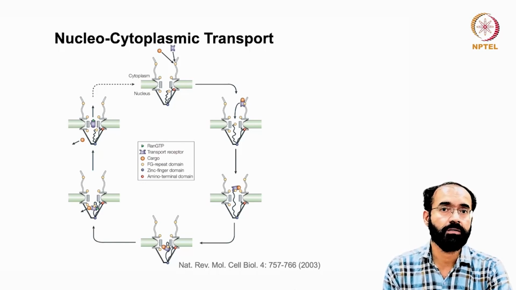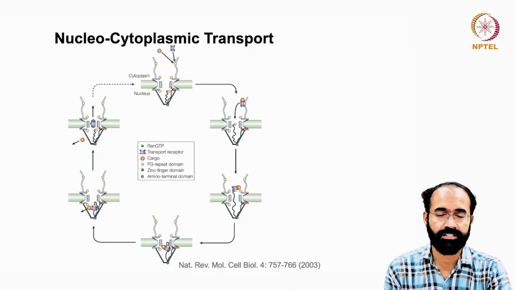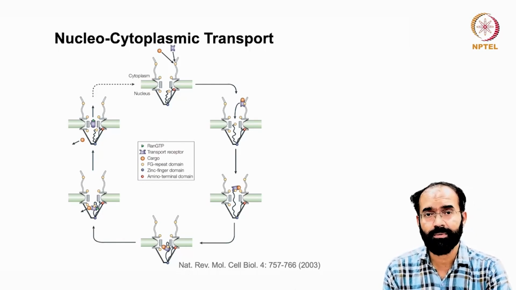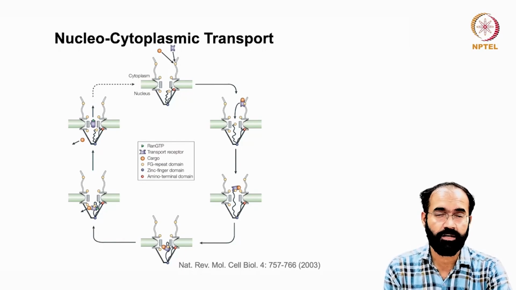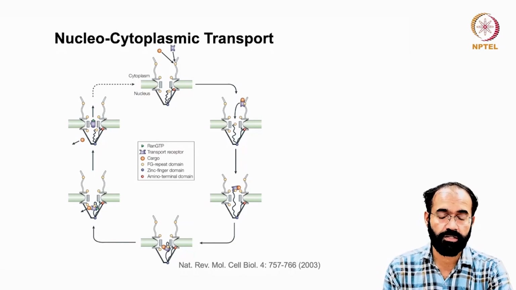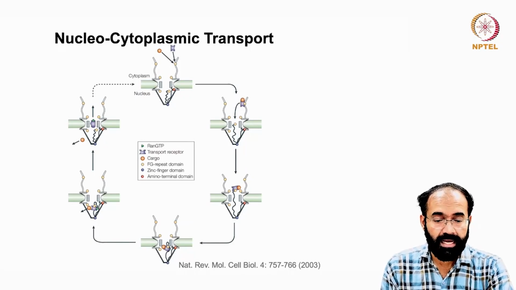You have some small crevices in the actual rock, or even in some malls you will see something mimicking rock climbing. Kids will be playing, and there also you can see tiny crevices on the wall. So the FG domains are something like that, where you specifically interact with the cargo. They are kind of like hooks. You can call them hooks. And these tiny portions are meant for that.